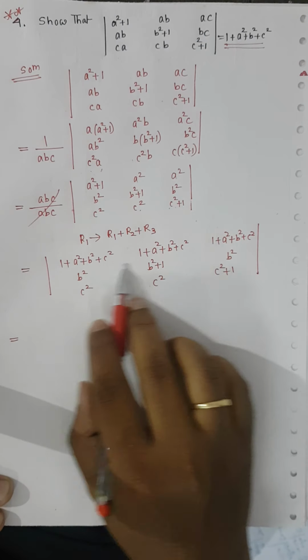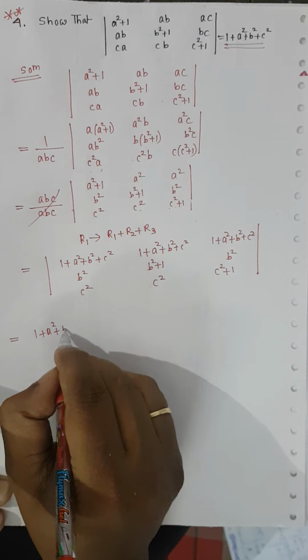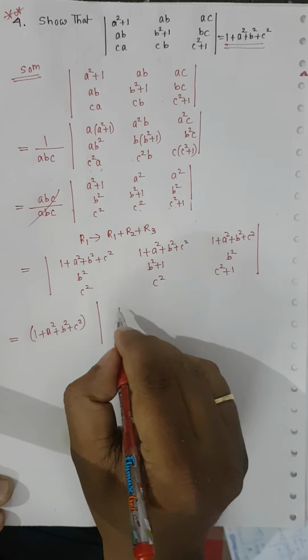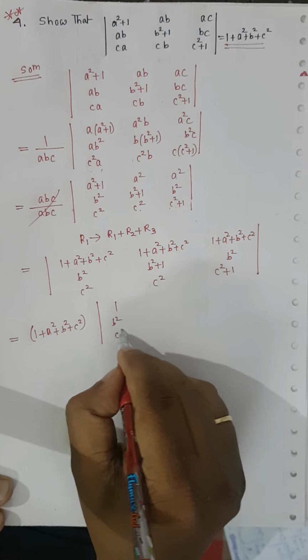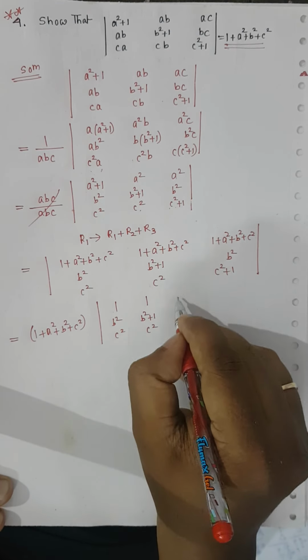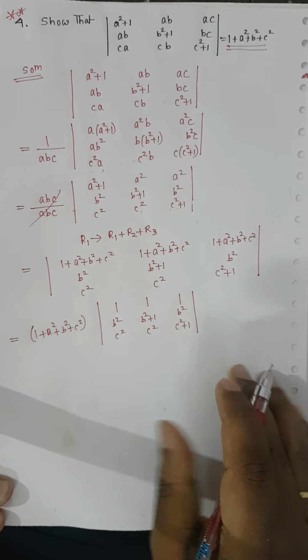From row 1 I can take common the factor 1 plus a square plus b square plus c square, so it becomes 1, 1, 1; b square, b square plus 1, b square; c square, c square, c square plus 1. Now it's time to expand.